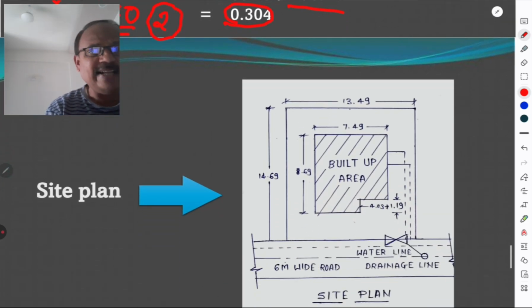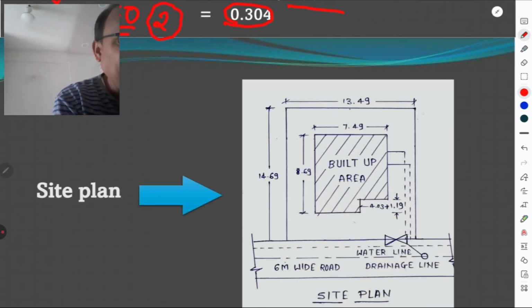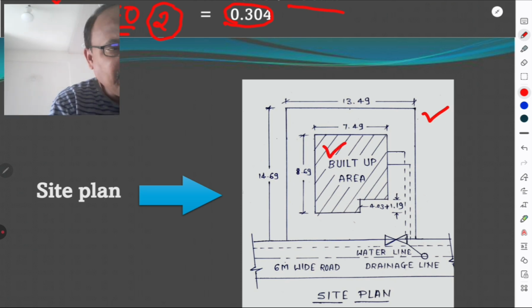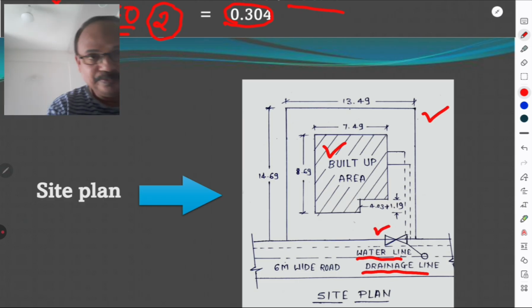What is the site plan? The site plan shows the area of plot also. It shows the built up area also. It shows the drainage line. It shows the water line also. It shows the gate also. It may show all the adjacent property details also to locate the site from anywhere in the city.